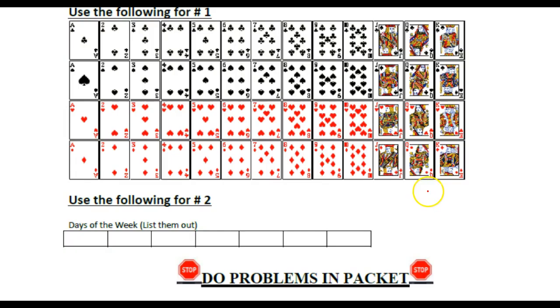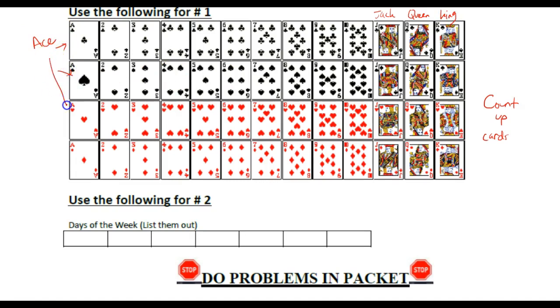Now, for numbers 1 and 2, just in case you don't know cards, there are about this many cards, and yes, you can count up the cards to know the total. Just in case you're not sure, this is what we call a jack, a queen, a king, and an ace.